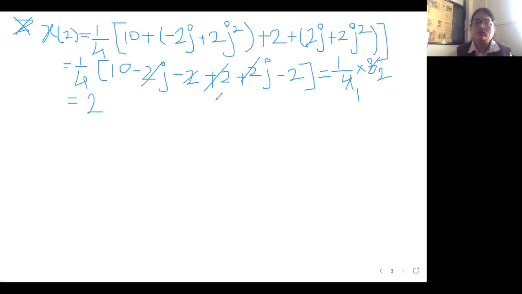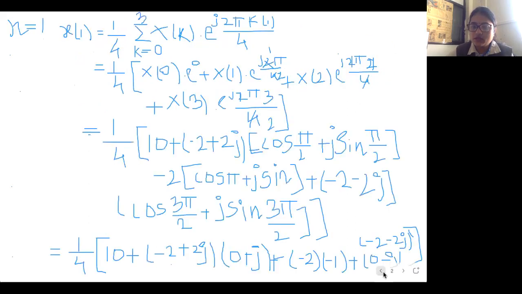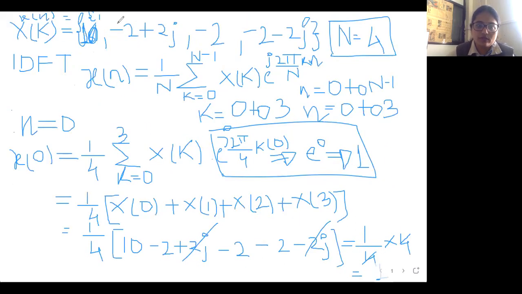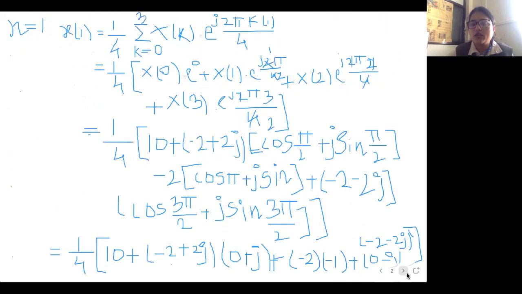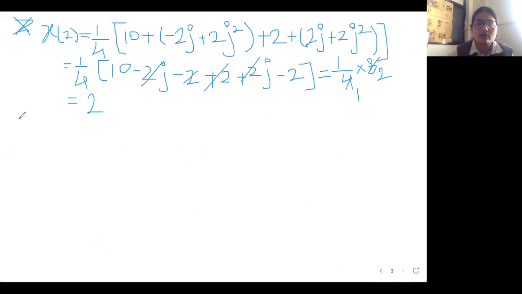So the next value of the sequence: the first is 1, the second value is 2, which we have calculated. Now we want to find the third value. How do you get this? When you substitute n is equal to 2, you will be able to find the third value.